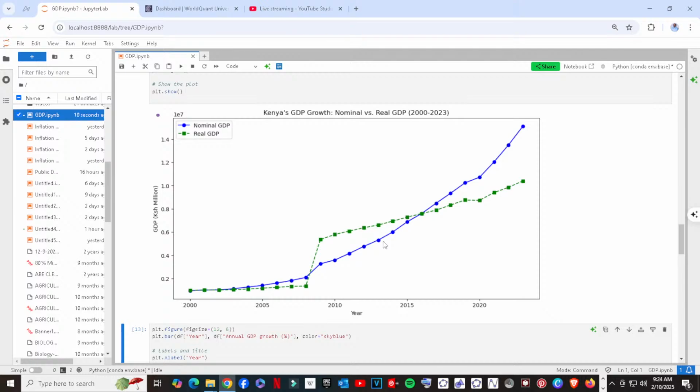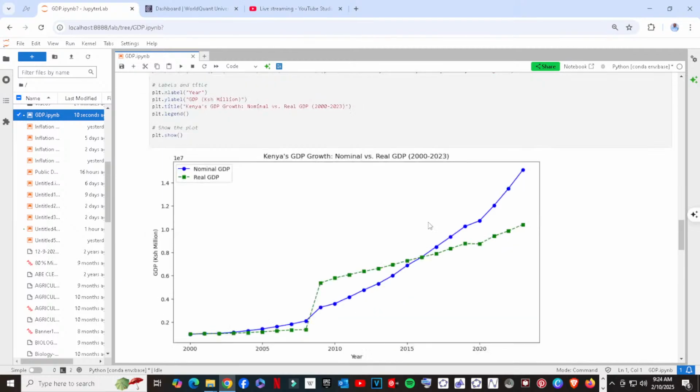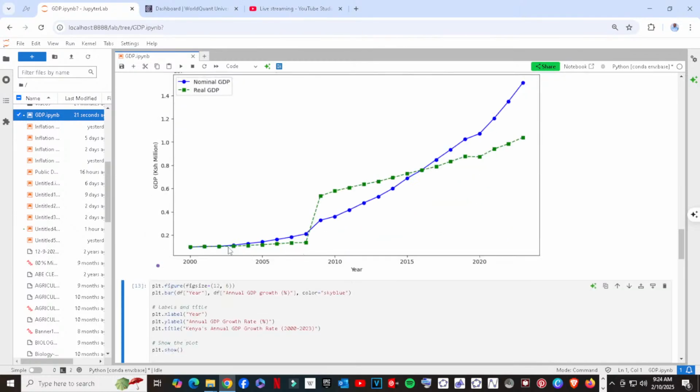Okay, so we see that from the year 2000, from that particular curve, there is a nominal GDP that coincides with real GDP.